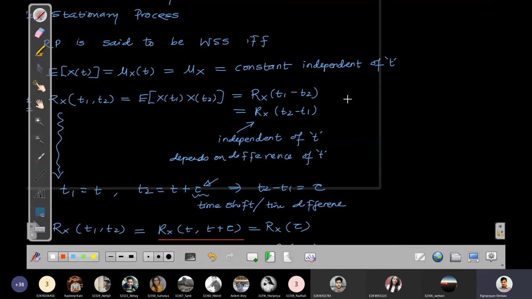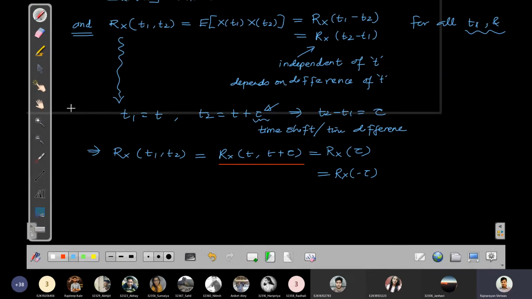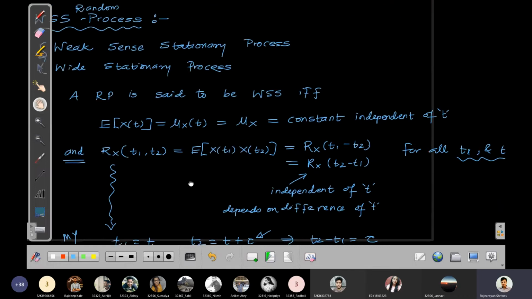So I am free to choose any value of t1 and t2. This is my choice, because this equation has to be valid for all time t1 and t2. So I will choose t1 as t and t2 as t plus tau. So this is called a WSS process.